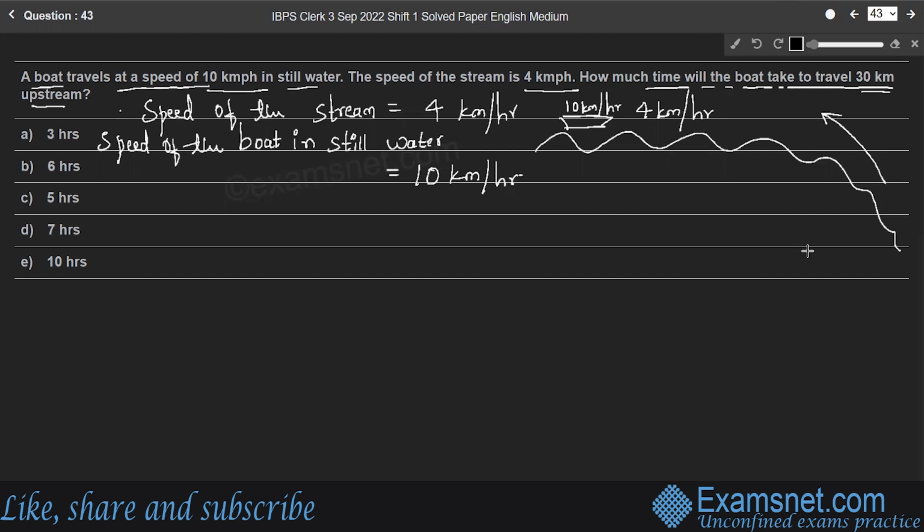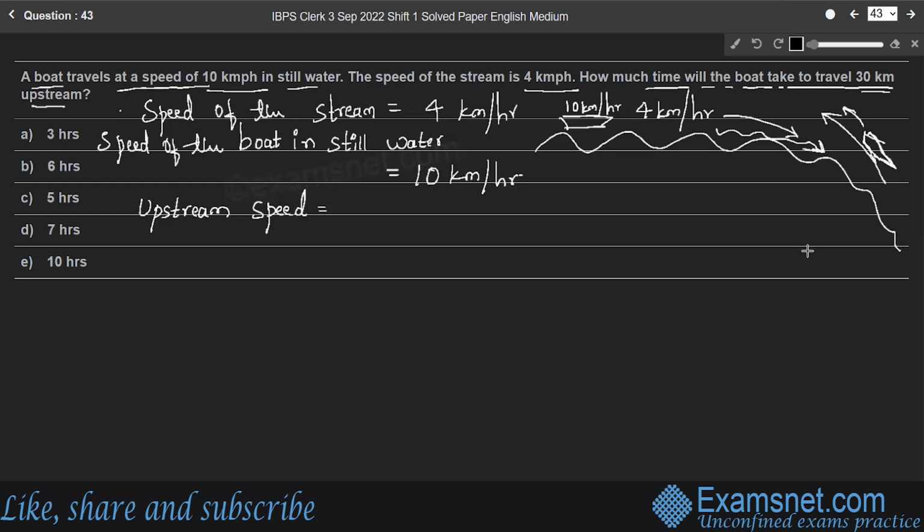For that, we need the upstream speed of the boat. What is upstream speed? Imagine the same boat is traveling upstream. The stream exerts some opposite force on the boat, because the stream is moving in this direction while the boat is moving in the opposite direction.